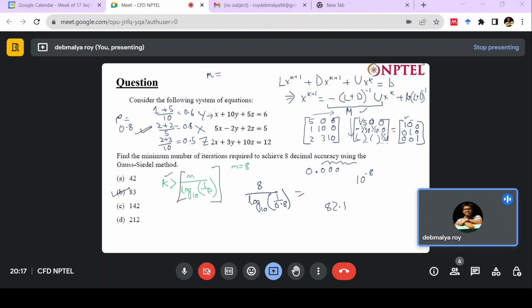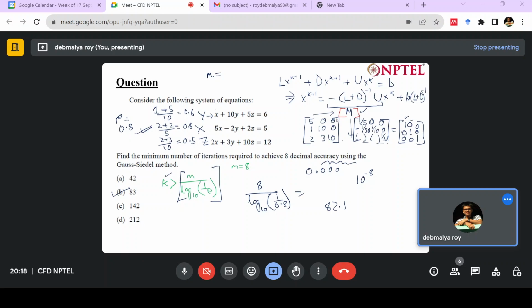So the spectral radius, as we were previously saying, is basically a measure of the magnitude of this particular matrix M, which signifies the convergence rate.